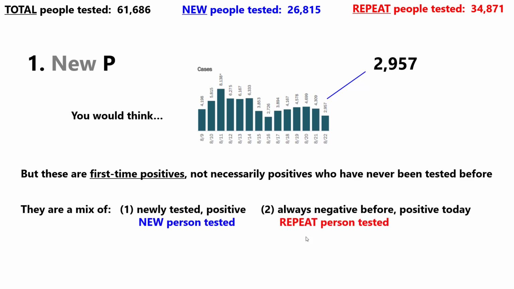That number is actually a mix of two different numbers. What we'd like to know in this, right, the newly tested, first-time tested, and they got a positive today, right? That would be a new person tested. But it's also a combination of people who had always tested negative but now test positive. These are also new positive tests and are included in that number. So this number is actually a mix of new people tested and repeat people tested.